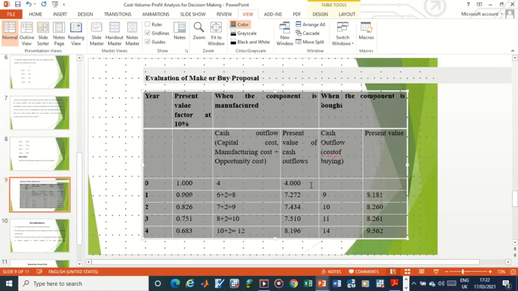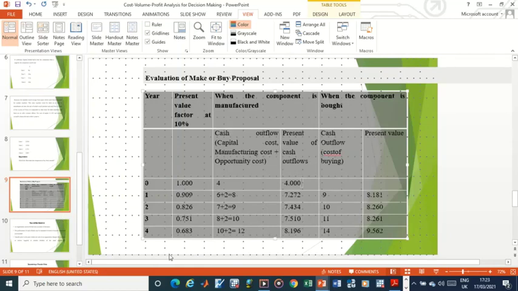If you add it to 8.261 and 9.562, if we add the four together, it will give us 34.264. So now the next thing is to compare the two.